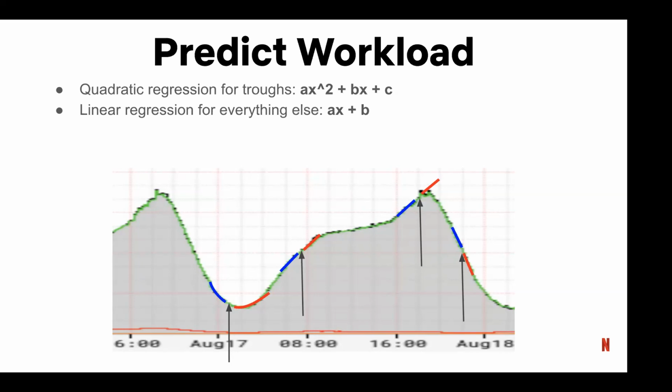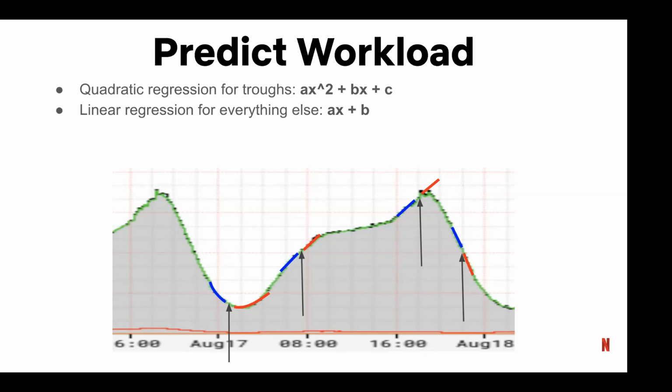So for predicting workload, we do that by fitting a regression function to historical data. So in the graph on the screen, this is a graph of the event rate for a source Kafka topic over time. The arrows point to just a given point in time. The blue areas of the graph represent historical event rate data that we use to compute a regression function at a given point in time.